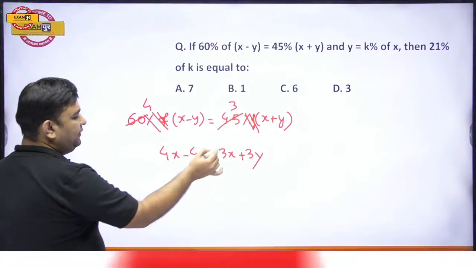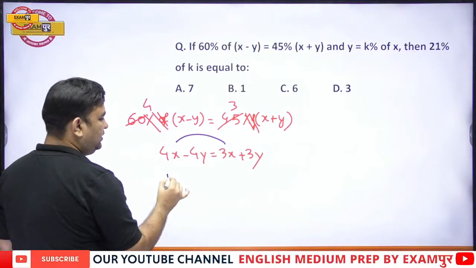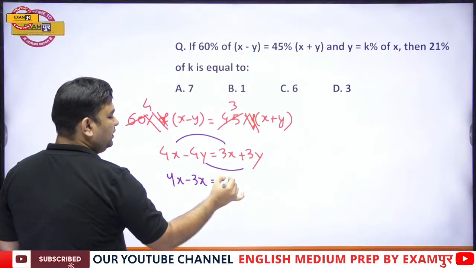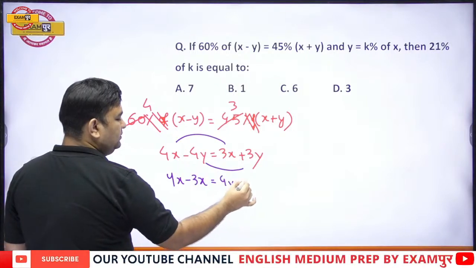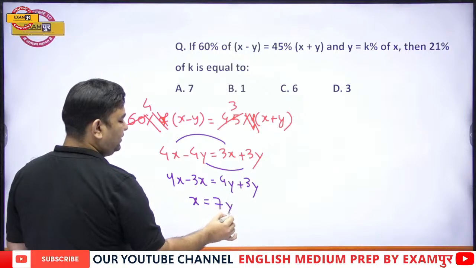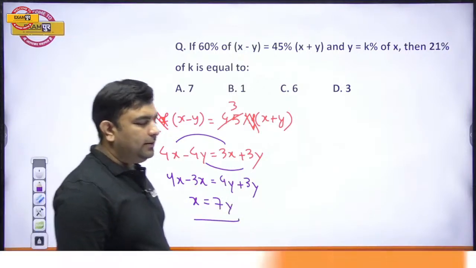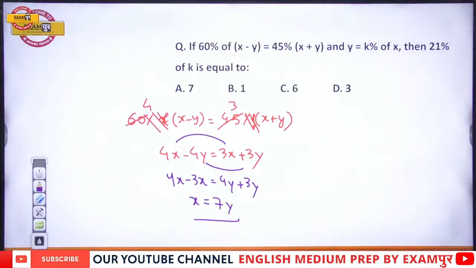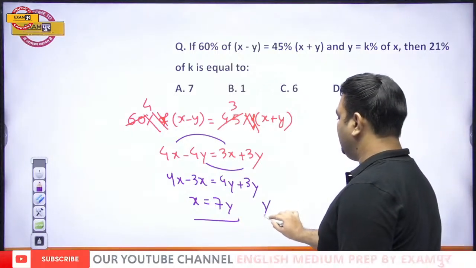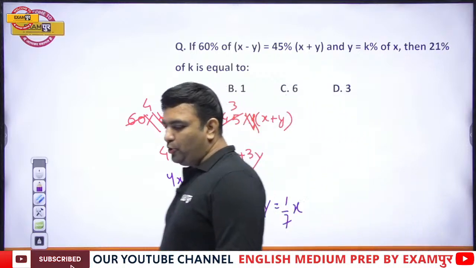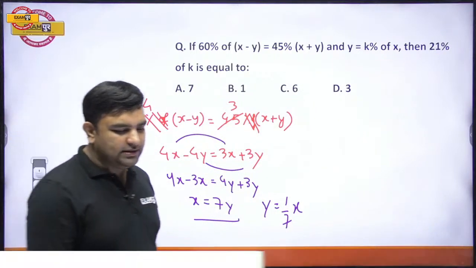Take x on one side, y on another side. 4x minus 3x is equal to 4y plus 3y. X is equal to 7y. Or you can say y is equal to 1 by 7 x.